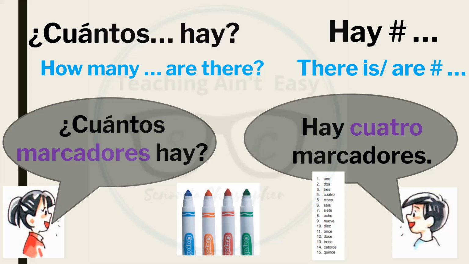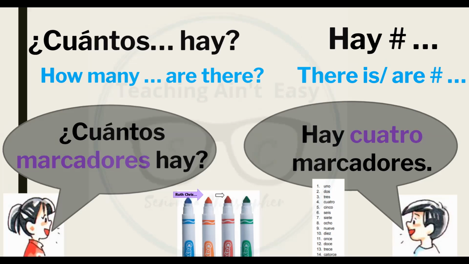Here's an example. ¿Cuántos marcadores hay? Which means how many markers are there? And so if we were to count how many markers there are, we have 1, 2, 3, 4. Uno, dos, tres, cuatro. So we want to respond with there are 4 markers. First, we have to put the word hay, which means there are.